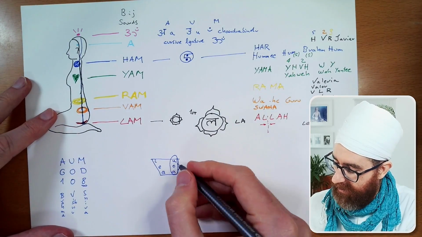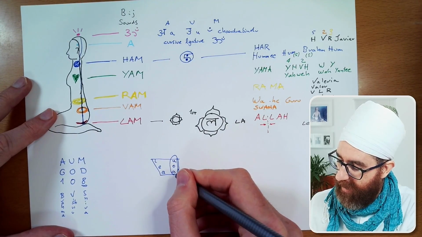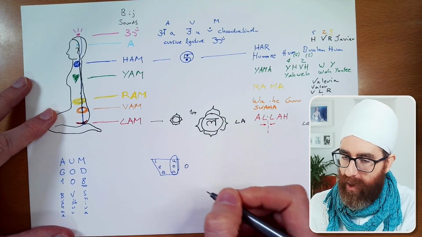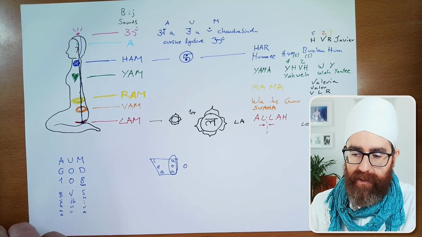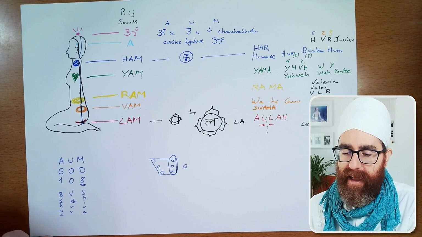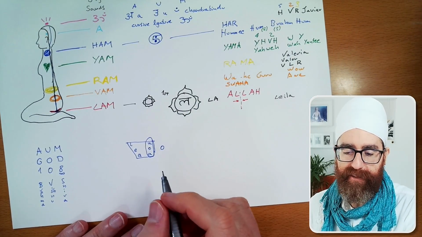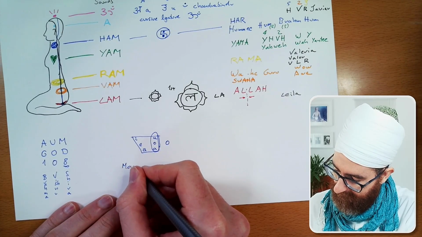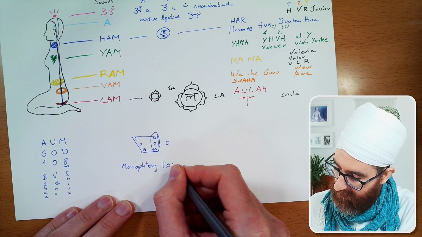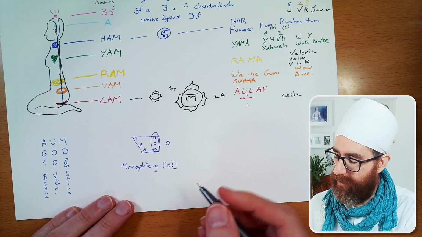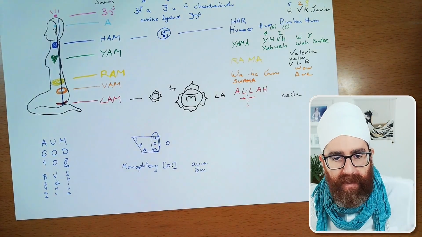So in this case, the sandhi, this union of sound going from the A to the U, is pronounced as an O. If you read in Wikipedia, it talks about how through the normal rules of Sanskrit grammar, this would be pronounced as an O, like a long vowel O. It's called a monophthong, a long vowel, and it is written like this, O with 2 dots. So it would not be chanted Aum, but it would be chanted Om.